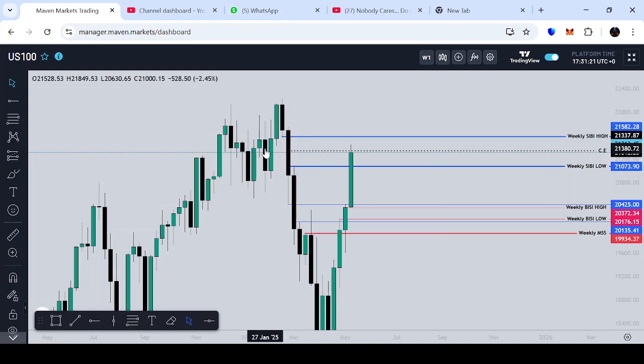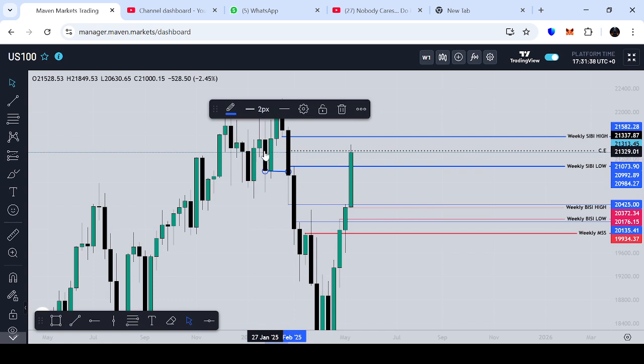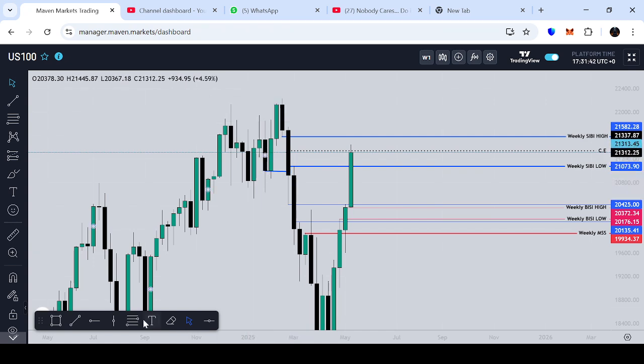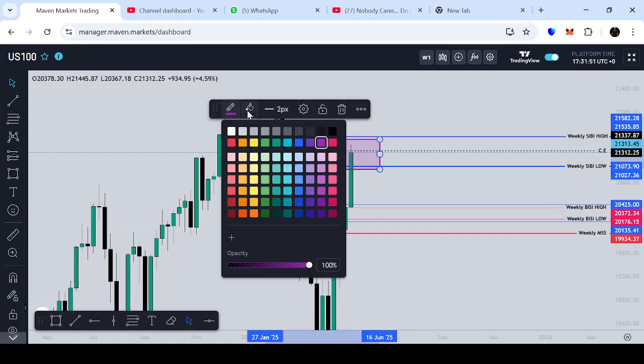And having a breaker, this is a breaker block. You have a high, a low, then a higher high, then a break below it. So this candle here will stand as a breaker. That's a breaker block, that's a weekly breaker block. Something like this.